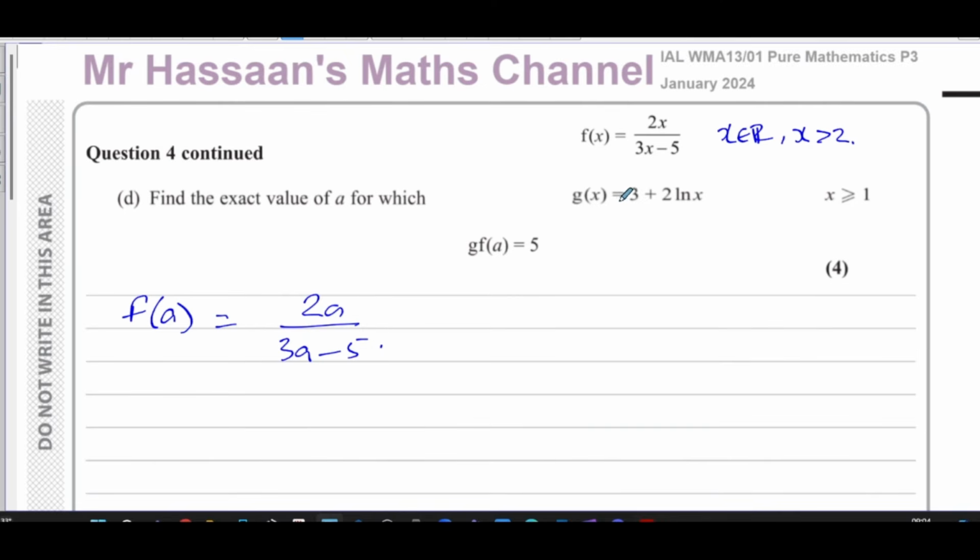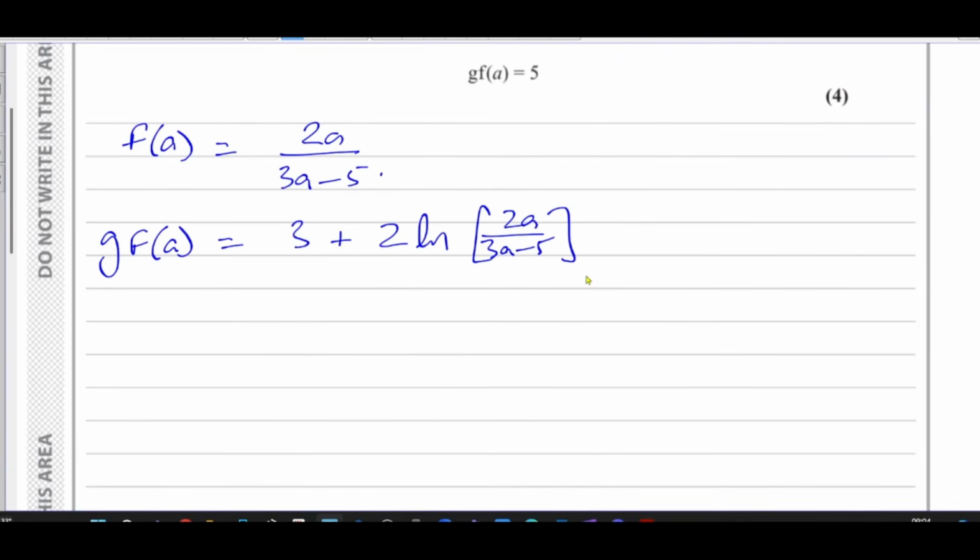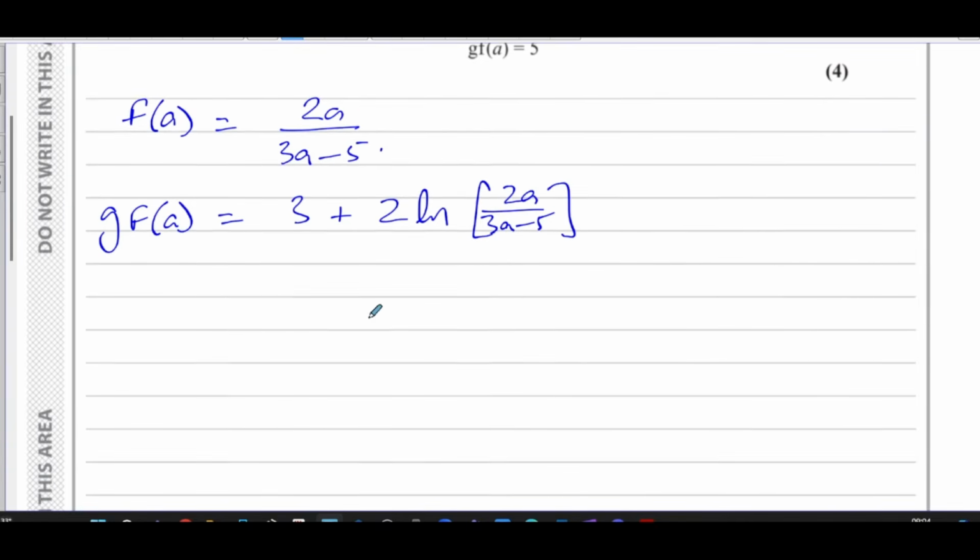And then for g of f of a, you've got to replace the x here with f of a. So g of f of a is going to be 3 plus 2 times the ln of 2a over 3a minus 5.